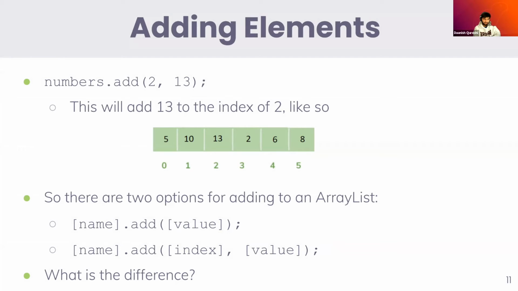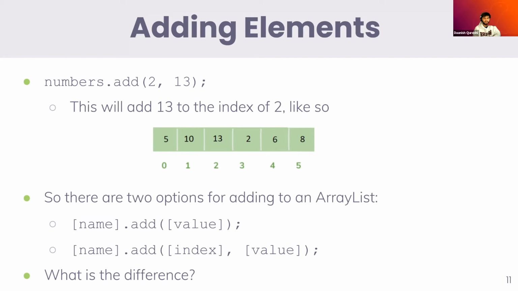Perfect. And just to recap, the syntax for adding has two options: you have the name dot add and the value for adding it onto the end, or you have the name dot add, the index, and then a comma and the value. So there are two different ways of adding something to an array list.